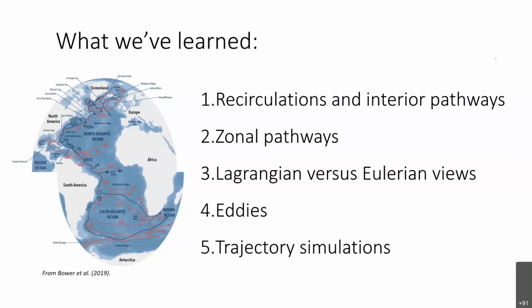For the deeper limb, we have some float trajectories, part of one regional study, that show, again, at the crossover between the Gulf Stream and the deep western boundary current, there's a lot of exchange with the interior. So the straight southward path along the boundaries is definitely interrupted there at the crossover.